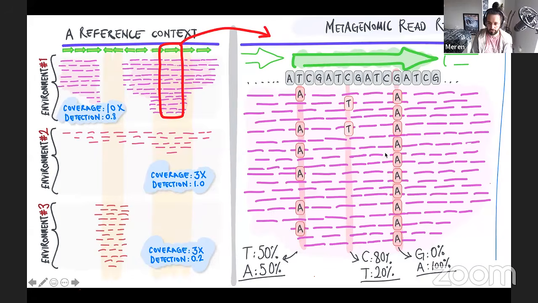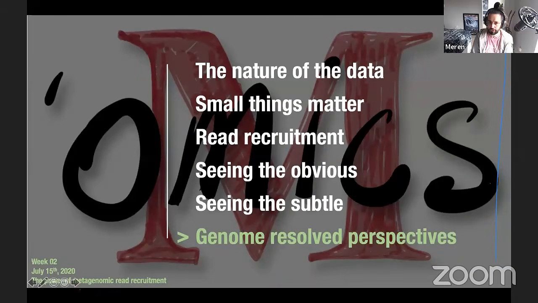I hope so far this gives you some insights into the power of metagenomic recruitment, as the session promised in its title. Finally, I want to talk a little bit about genome-resolved perspectives. So far, I've been telling you that the reference context can be anything, but it is most commonly a genome.